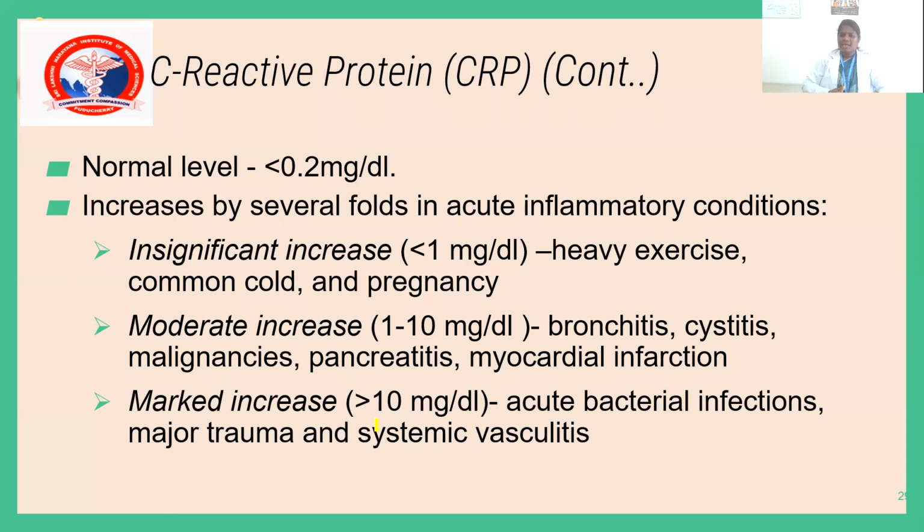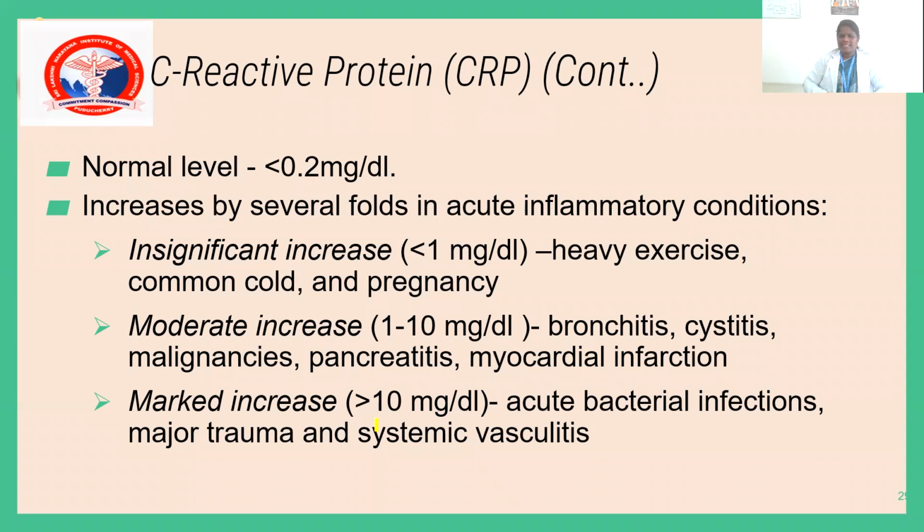That is CRP reactive. Based on the titer range, we can classify: significant means more than 10. It is markedly significant. It happens in acute bacterial infection, any major trauma, any vasculitis. In these conditions the CRP value goes up, more than 10.